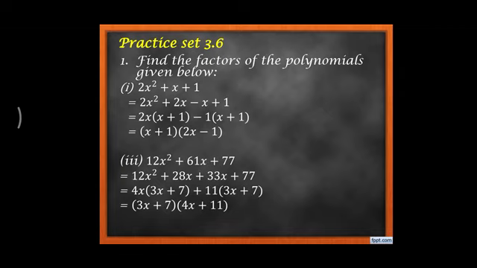So the factors are 3x plus 7 in the first bracket, and in the second bracket we will have 4x plus 11. So 3x plus 7 and 4x plus 11 are the factors of 12x square plus 61x plus 77.